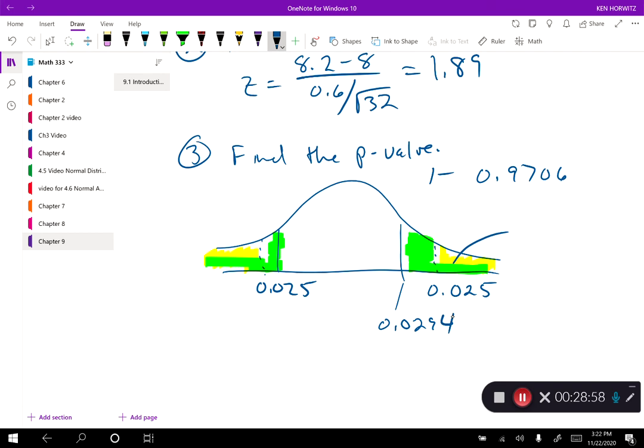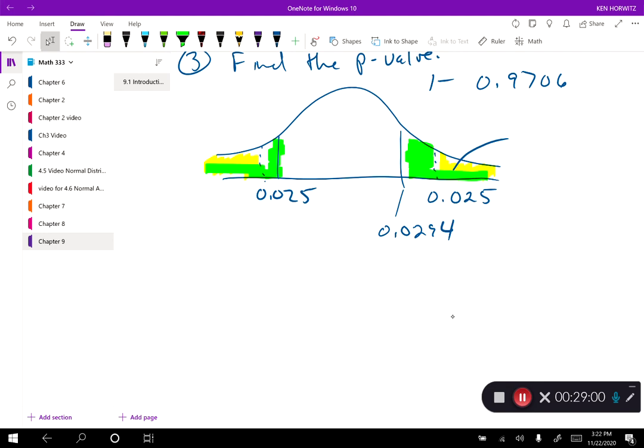Another way to do this is to say, because it's two-tailed, if I take that area and multiply it times 2, which I basically did in my picture, I get a value that is not equal to, but greater than my alpha, greater than 0.05.